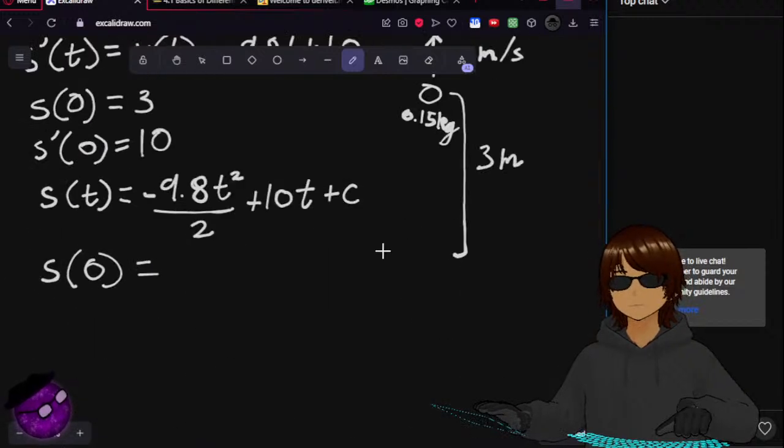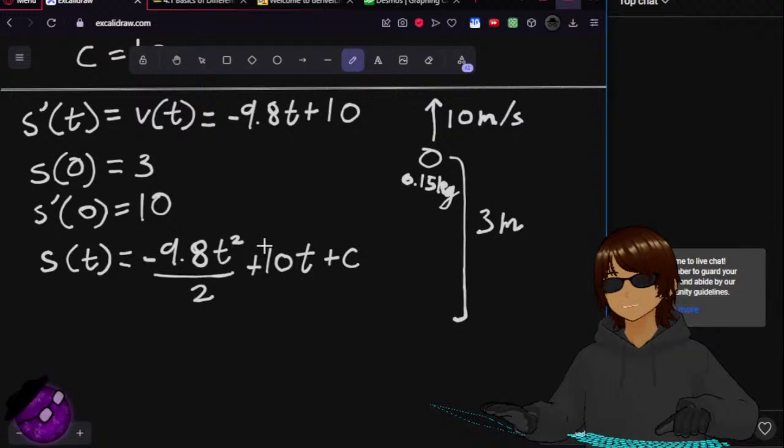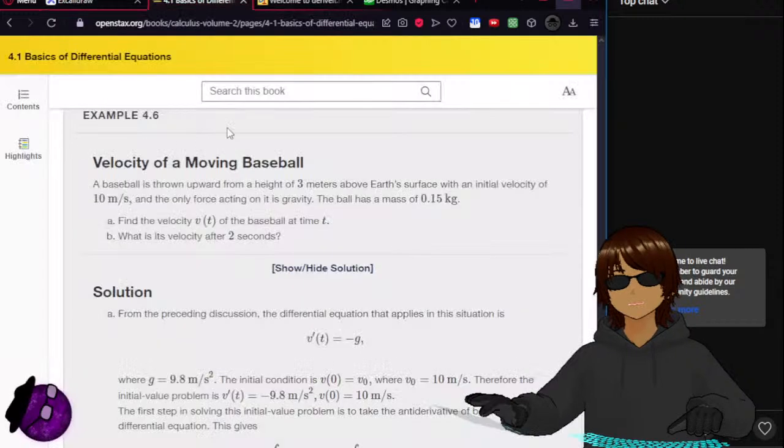Anyways, s(0) is equal to 3. Yeah, then I got the equation right.